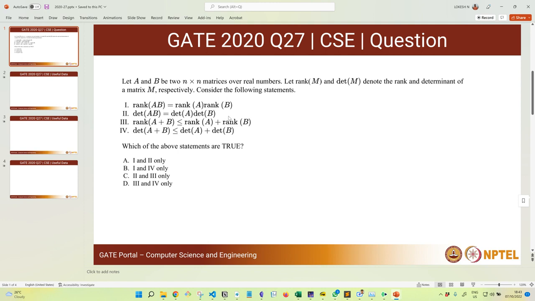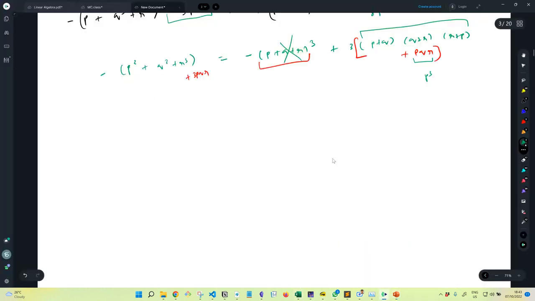Any idea, or do you want me to solve it? Okay, I'll solve it. Let me convince you that this statement is wrong by taking a trivial simple example.